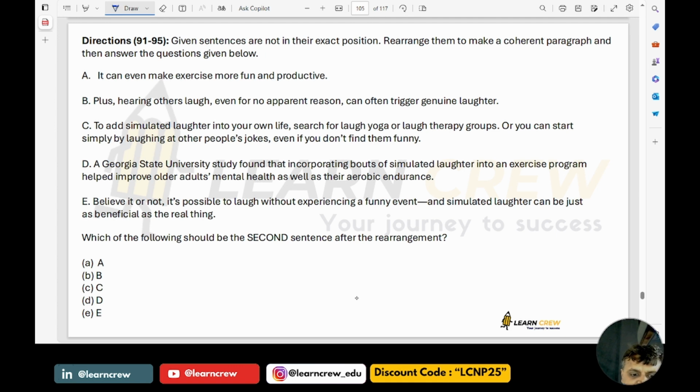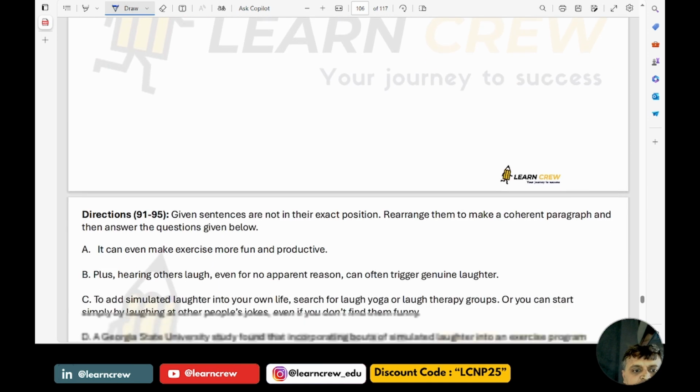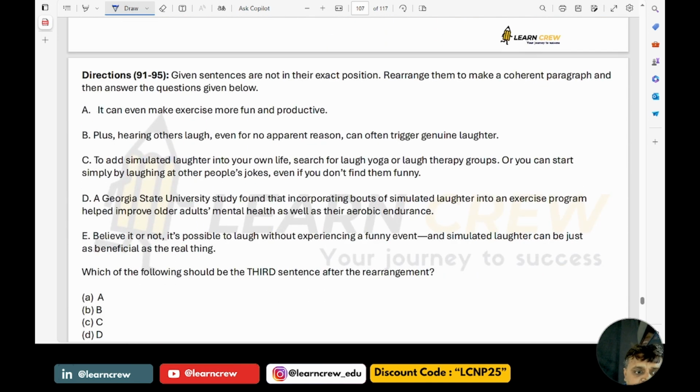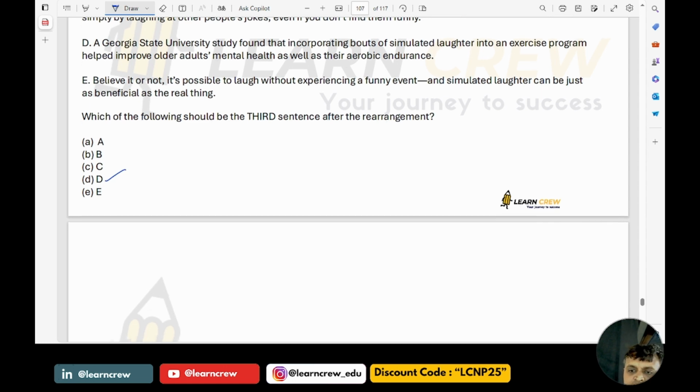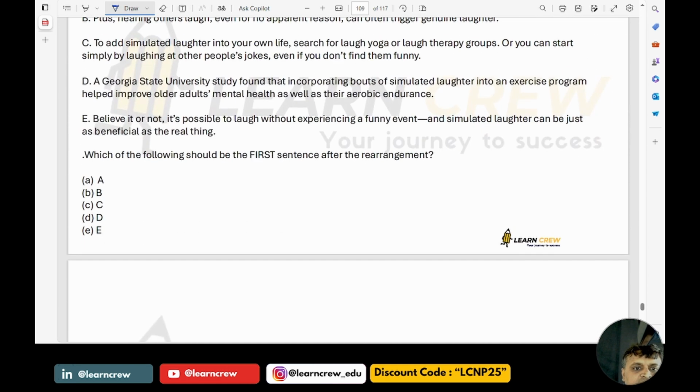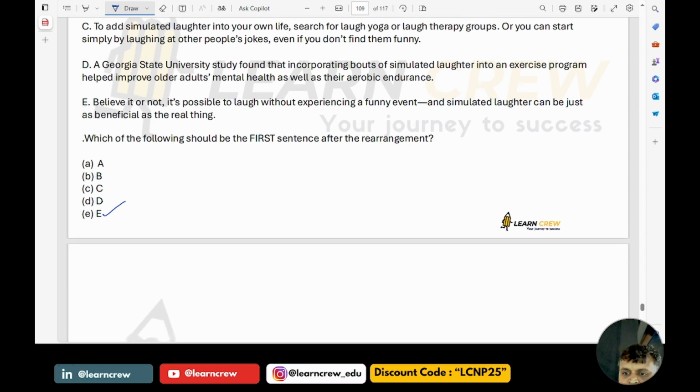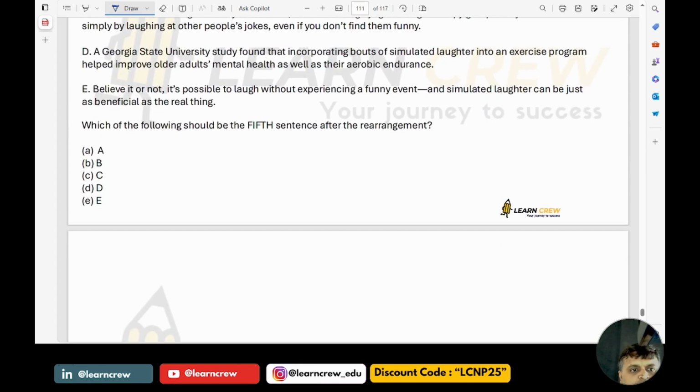Second is A. I think we have got A. Next, third one is D. Then first one was E. Fifth sentence, the last one, was C, to add. So finally you're adding one more supporting thing. So C.